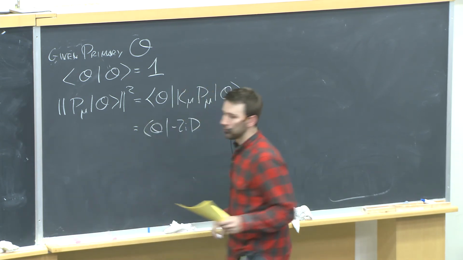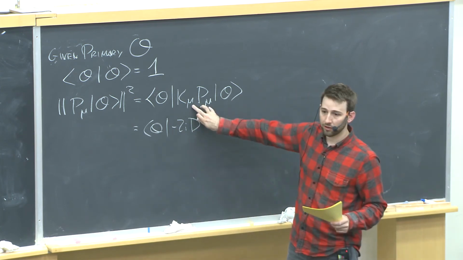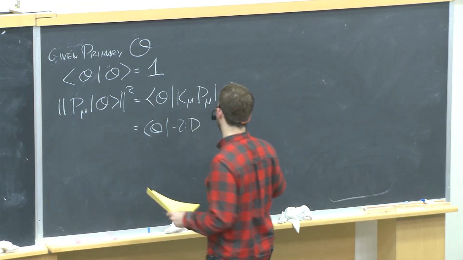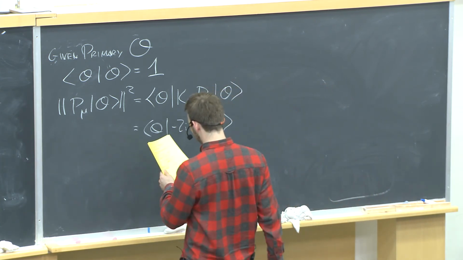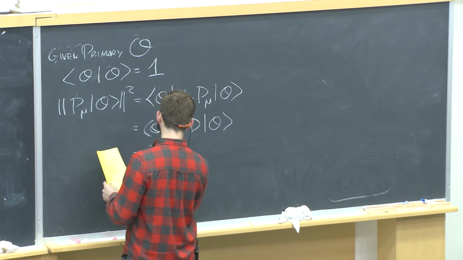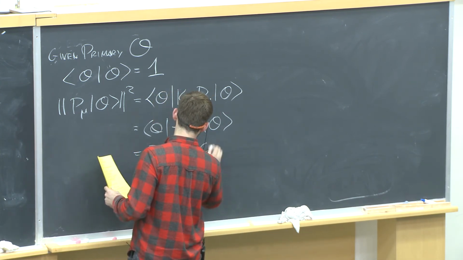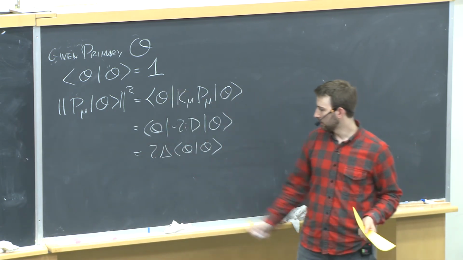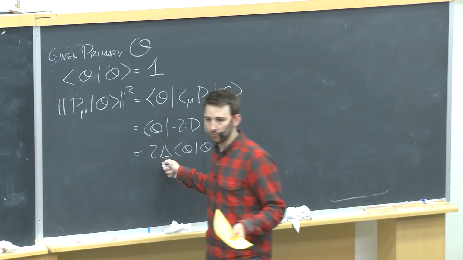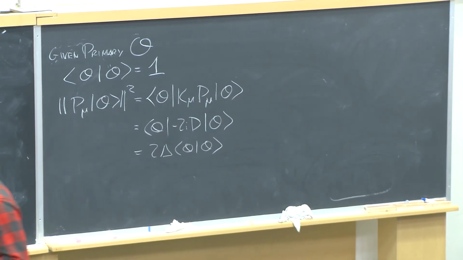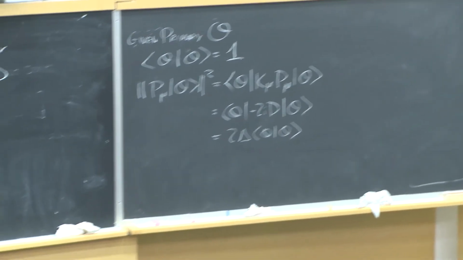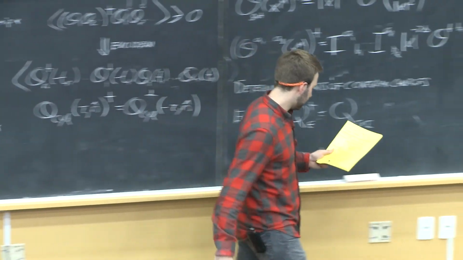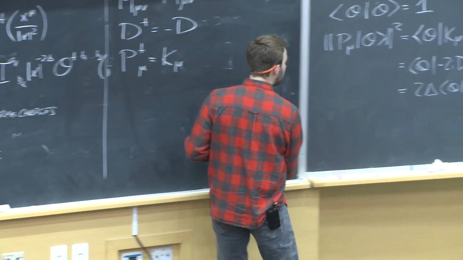And there would normally be a rotation piece, but these are the same mu. And the rotation generators are antisymmetric in the mu's and nu's. So I just get this, which is equal to 2 delta, for the way I've been defining delta. And so now I've found out that delta has to be a positive number in a unitary theory. You can do similar computations without an enormous amount of trouble. I won't work them out.